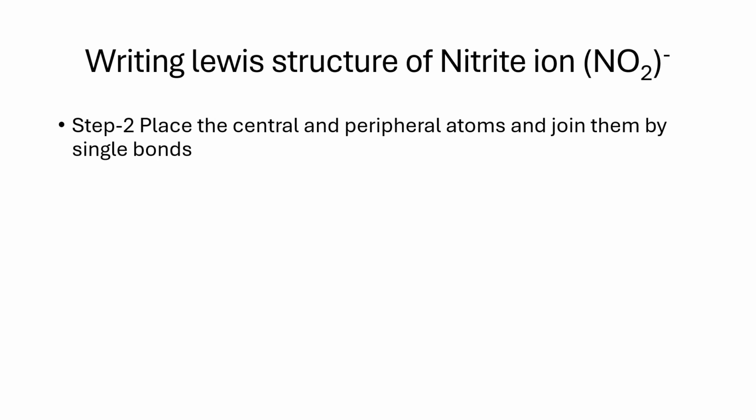Again, following the second step, we place the central atom and peripheral atoms and we join them by single bonds. So we have nitrogen as the central atom, we have the two oxygens as the peripheral atoms, and we join them by a single bond.